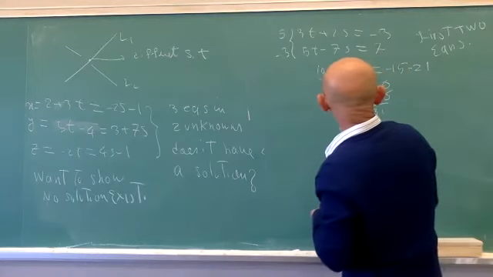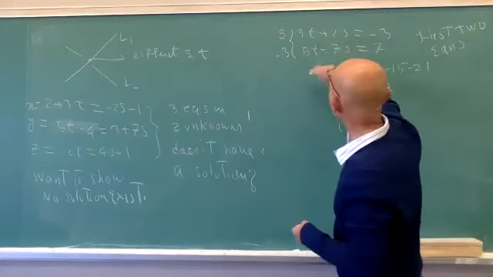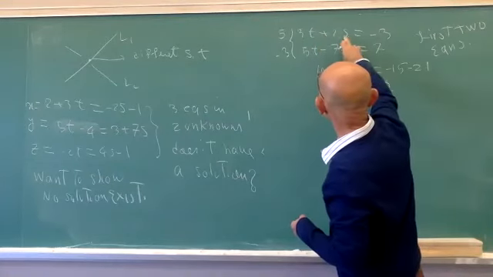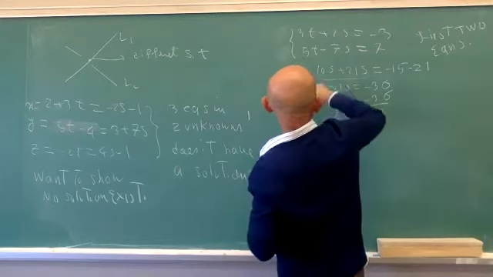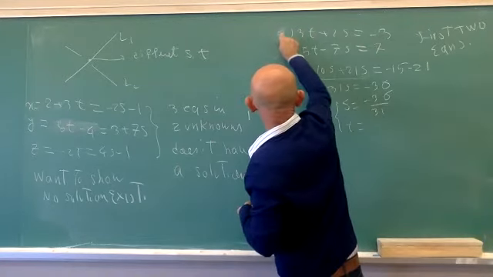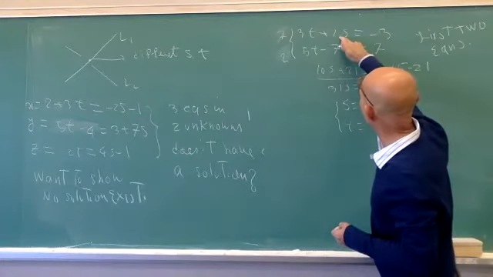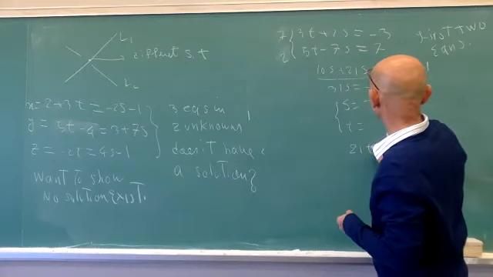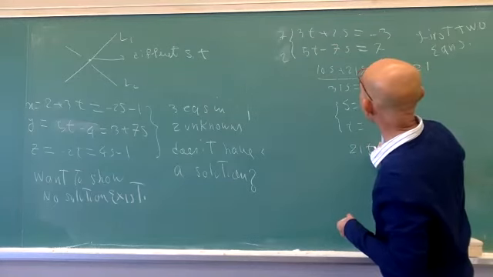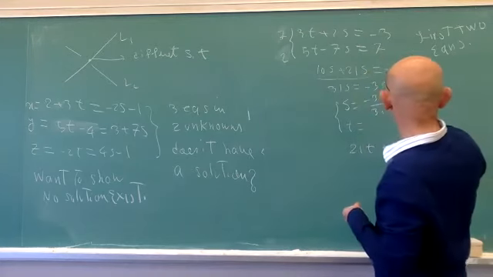To find T, I can either substitute into any of those, or I can try to cancel S. Let me cancel S this time. That's easier for me at least. Multiply this by 7, multiply this by 2. You add, then they cancel. So this is 21t plus 10t.